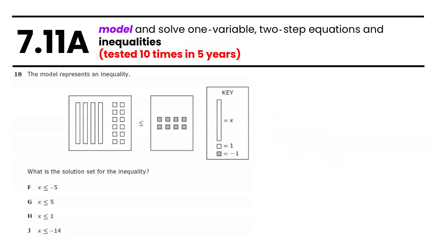We will spend several class periods having students model and solve two-step inequalities, but for the first day, we will practice on having them write the inequality given a model. For this particular question, we're given this very important key right here that tells us the long stick is X, the white unit is 1, and the shaded unit is -1.